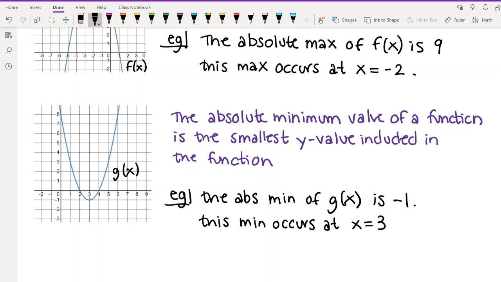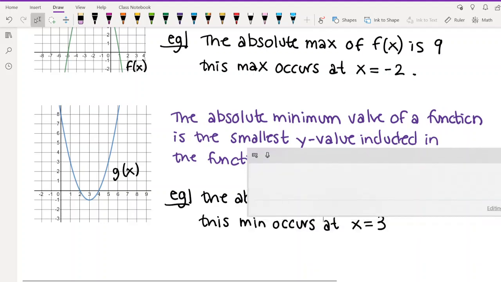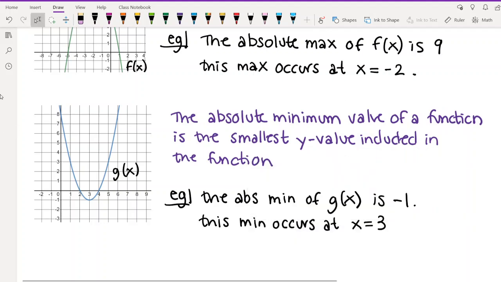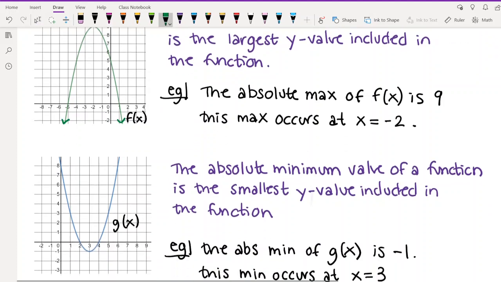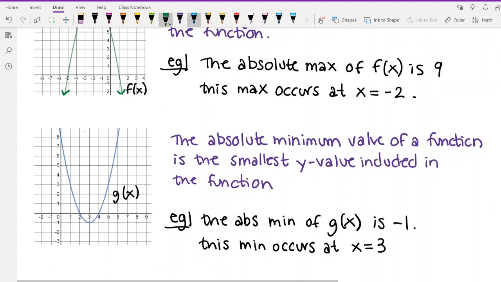So one thing you might notice is that this first function that we looked at doesn't actually have an absolute minimum, right? Because we can assume that this graph keeps going. And this function, again, if we assume that it keeps going, doesn't have an absolute maximum.